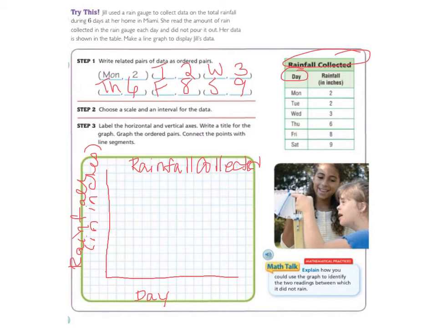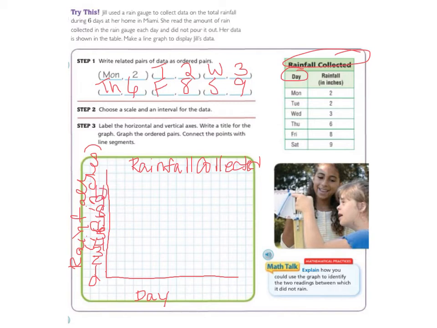And so we need to start our graph at 0 because she started her rain gauge, she put it out there and it was empty. And then we'll have it have 1 inch of rain, and then 2 inches, and then 3 inches, and then 4 inches, 5 inches, 6, 7, 8, 9, 10.